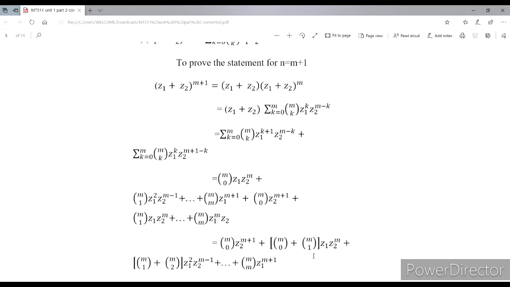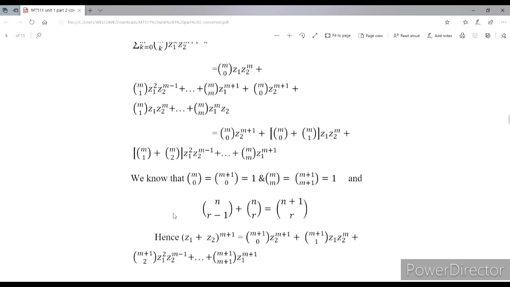We are grouping the coefficients of the same terms. Here we have mC0 and the second one we have mC1. Therefore, (mC0 plus mC1) Z1 into Z2 power m, plus the next term would be (mC1 plus mC2) Z1 square Z2 power m minus 1, plus etc. We have the last term mCm Z1 power m plus 1.